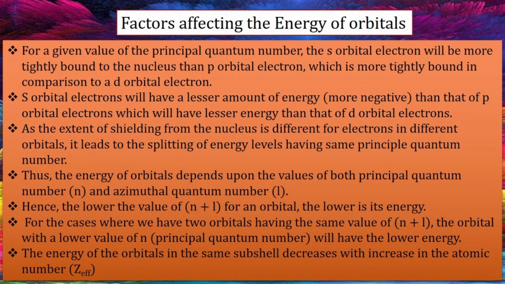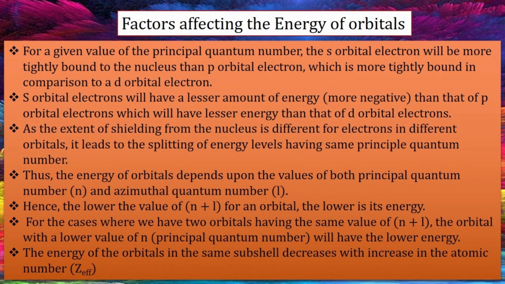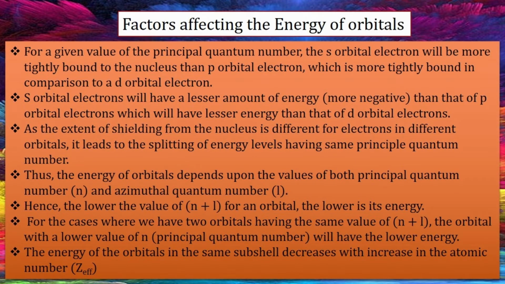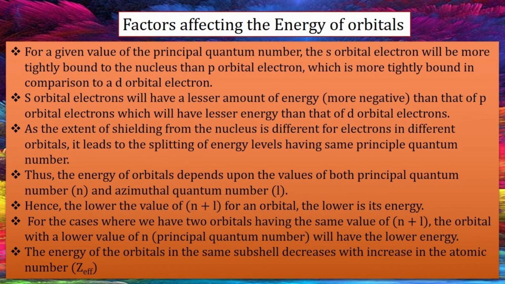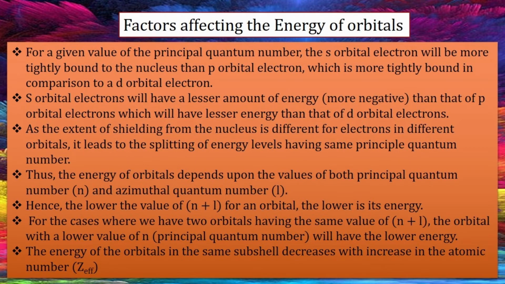As the extent of shielding from the nucleus is different for the electrons present in different orbitals, it leads to the splitting of energy levels that have the same principal quantum number. Therefore, orbital energy depends upon the value of both the principal quantum number and the azimuthal quantum number.